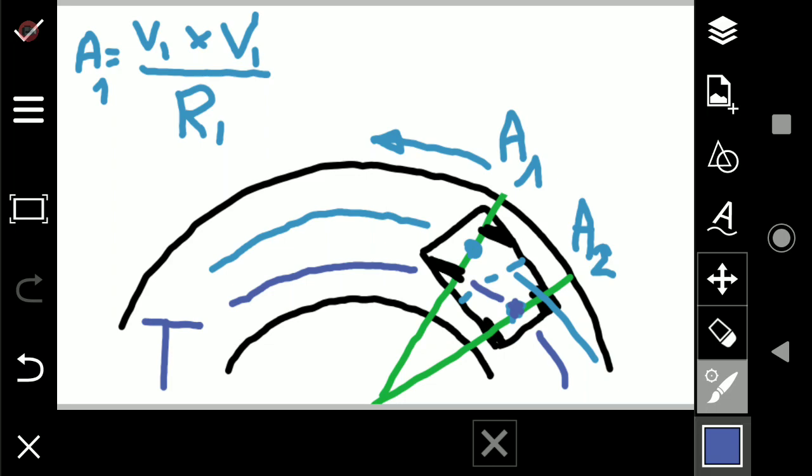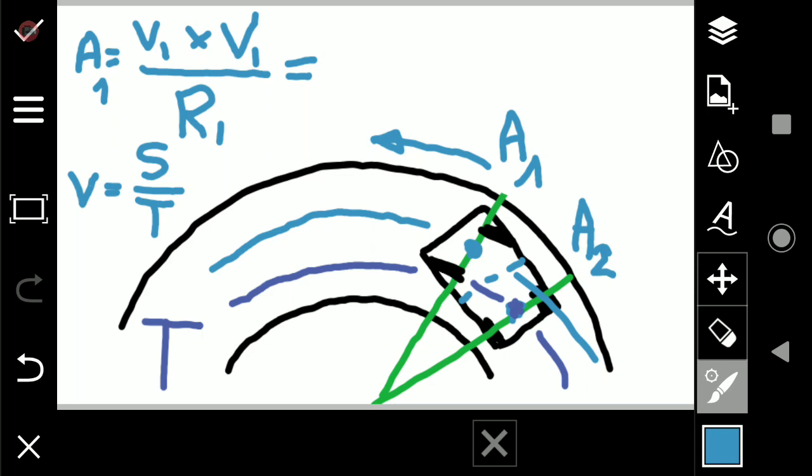So I'm gonna keep on writing in another way the same formula. For example, let's take what happens in a full turn. We know that the speed is equal to space covered in a specific time.